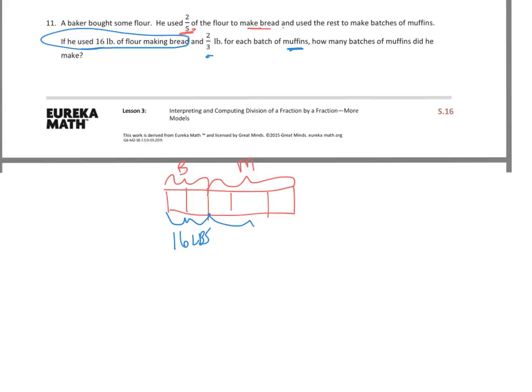I'm looking for that. So if I know 2 of these blocks equals 16, I want to know what 1 block equals, because then I can figure it out for all of them. So I know 2 times something equals 16.